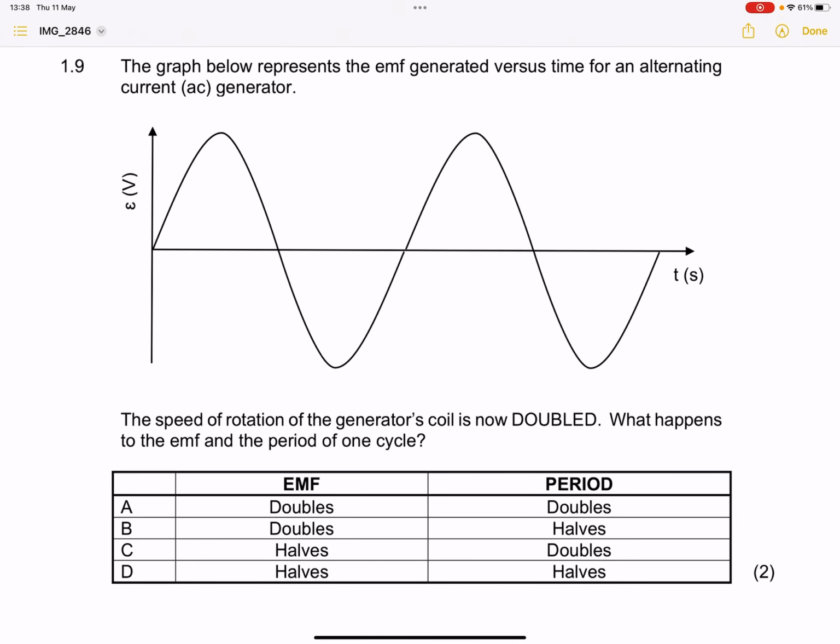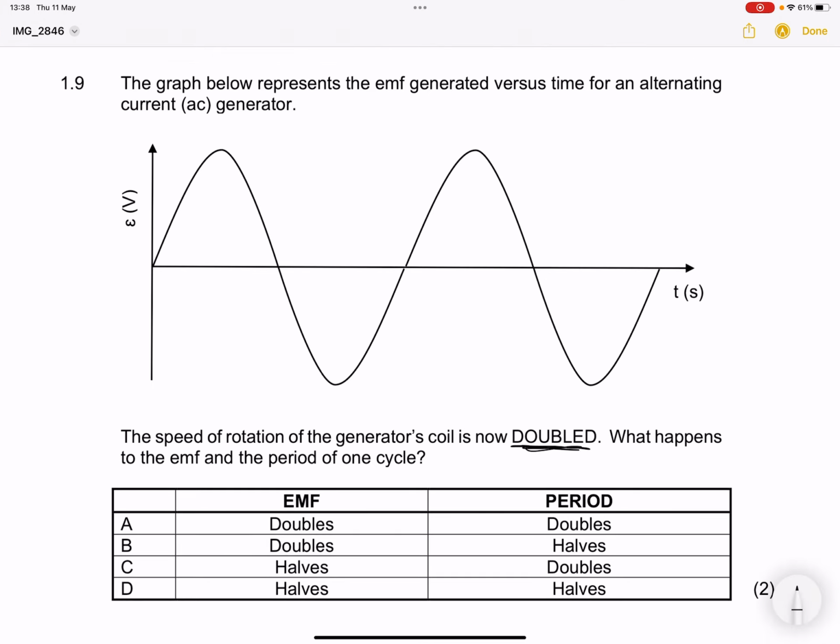Right, and then we go on to 1.9. They say to us the graph below represents the EMF generated versus the time for an alternating current generator, right? Now they say to us the speed of the generator's coil is now doubled, right? So please remember, the EMF is dependent on the change in magnetic flux divided by the change in time. Now, if you increase the speed of rotation, what are you doing?